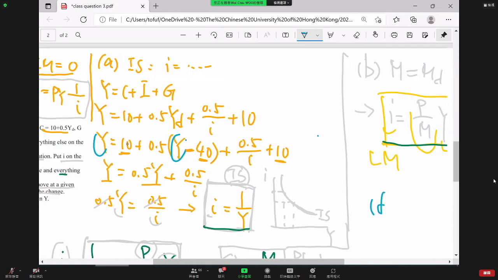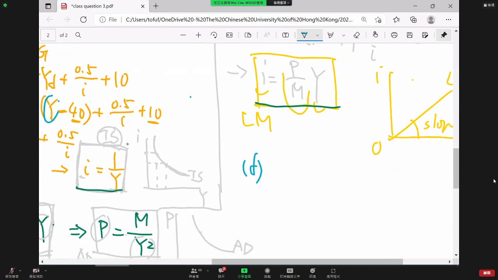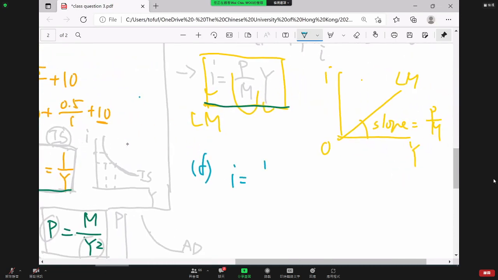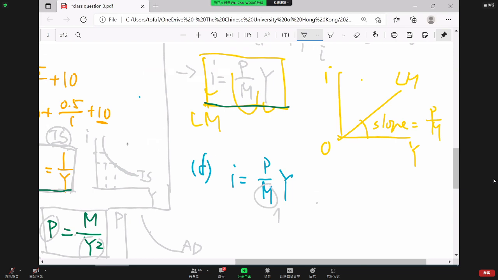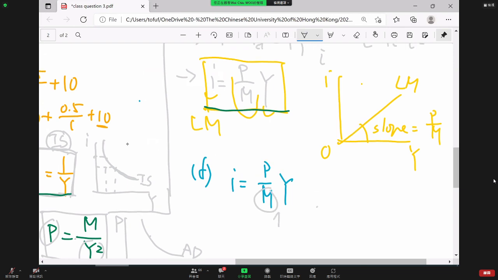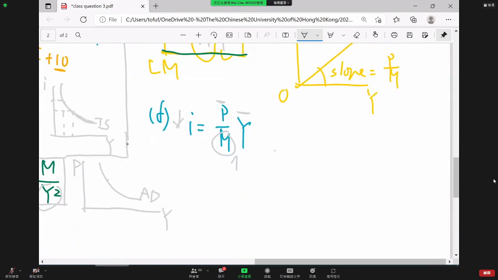If M is increased, look at this LM equation. If M is to increase, given the same P and Y, of course I should reduce. That is what should happen, right? So I would be reduced.